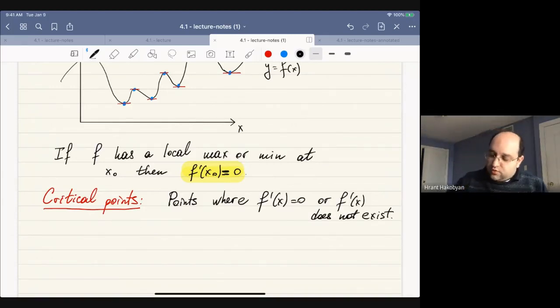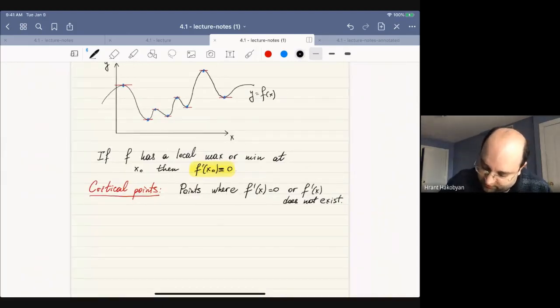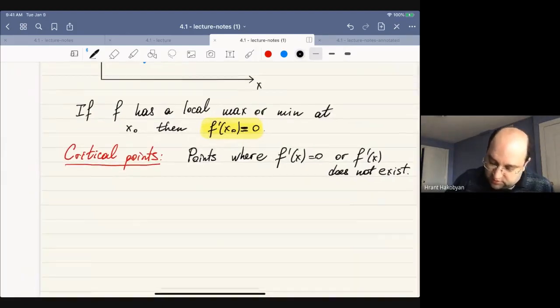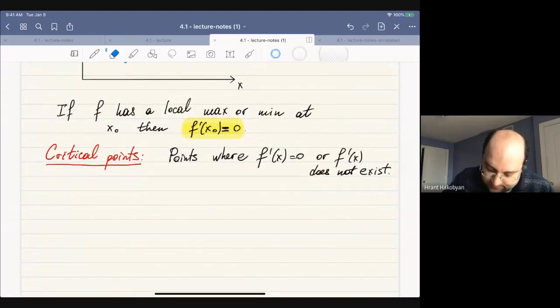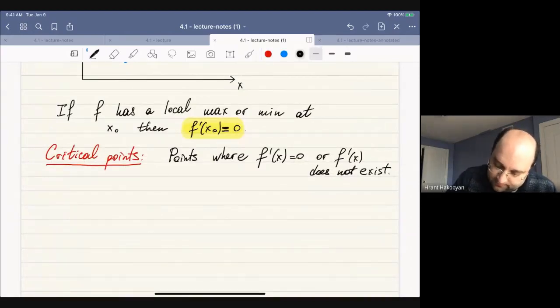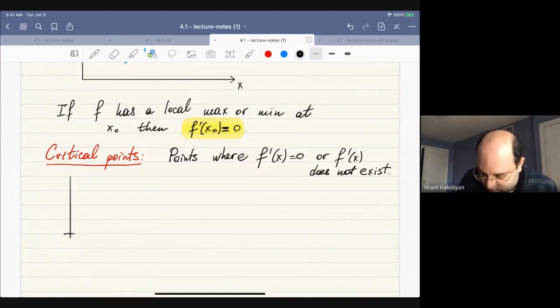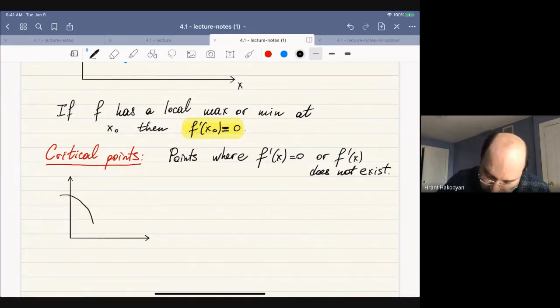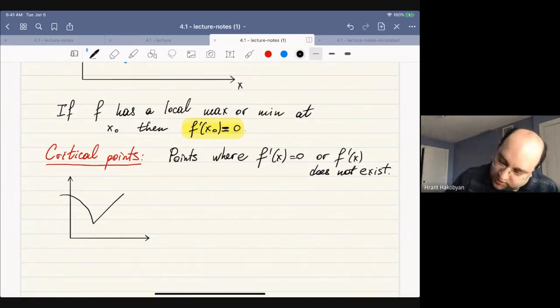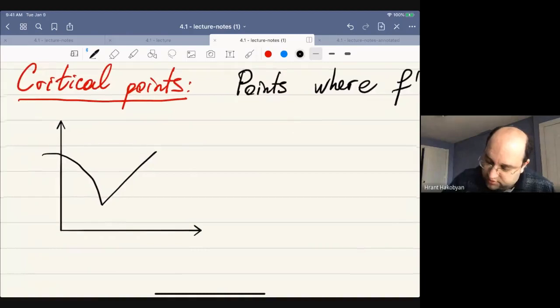Okay, so what's an example of something where the derivative does not exist? So here's an example where the derivative does not exist. See what happens at that point there.